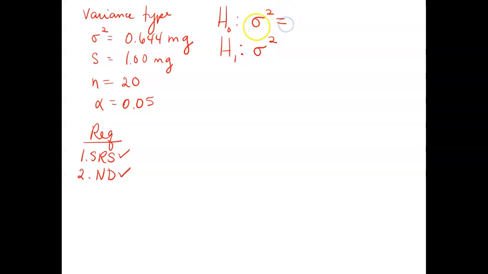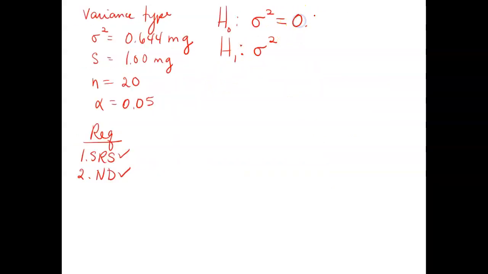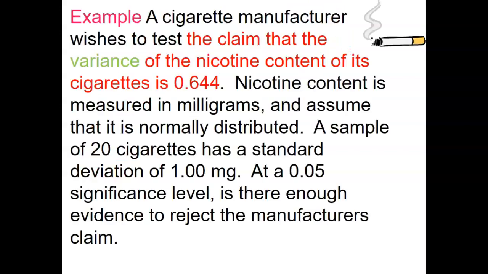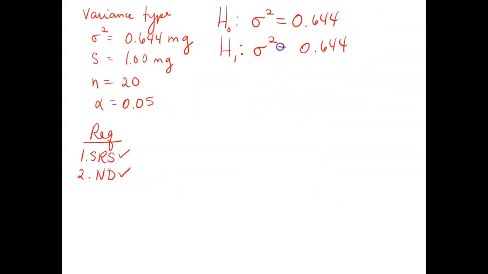So it's going to be the population variance equals the value here, which is 0.644. Okay, and again, looking at the claim, it is 0.644, so there's no indication of direction. So we are going to do does not equal for this.